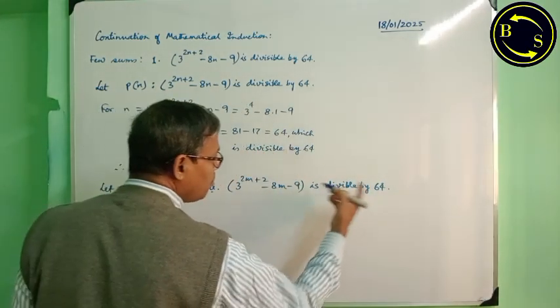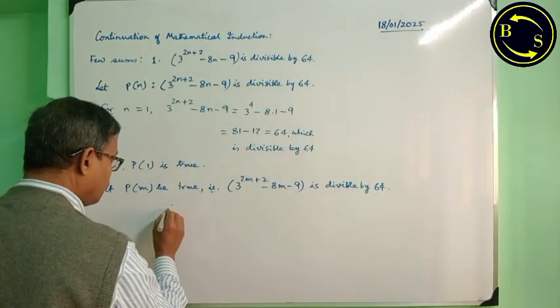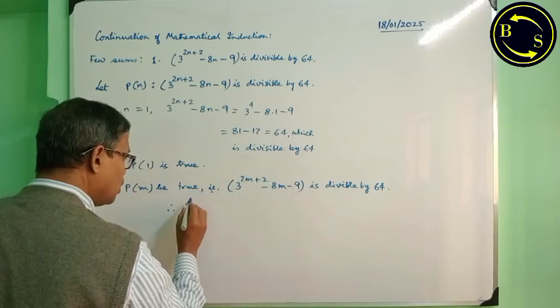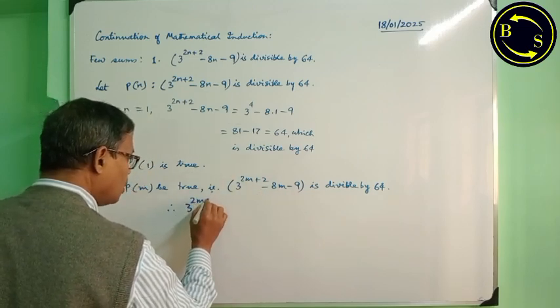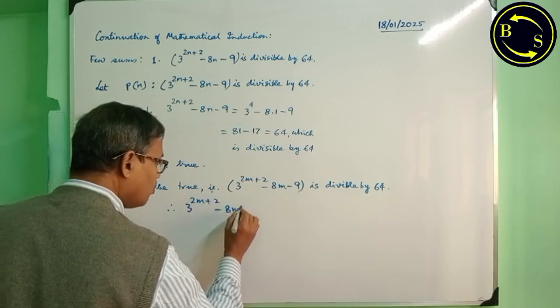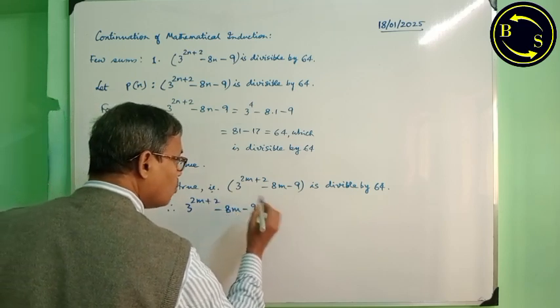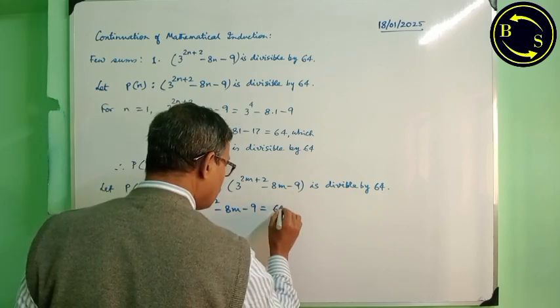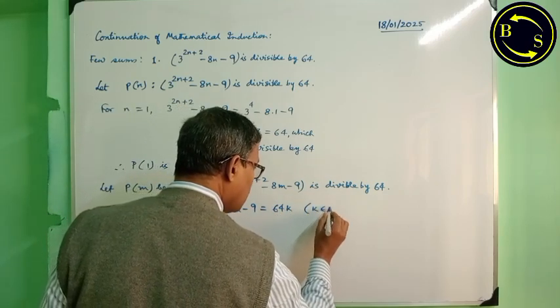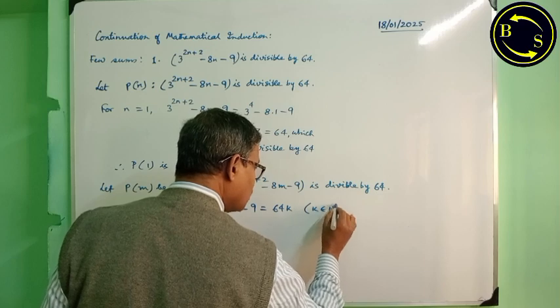Now, this is divisible by 64. Therefore, I can take this is equal to 64k. 3 to the power 2m plus 2 minus 8m minus 9 equal to 64k, where k is any natural number.